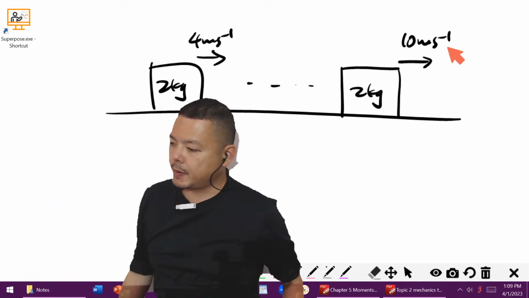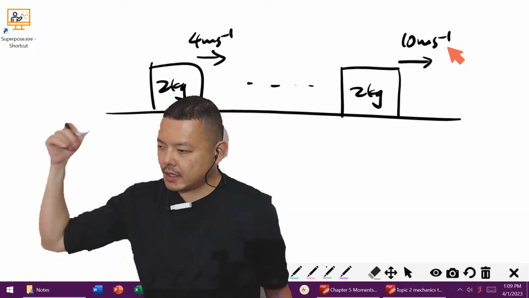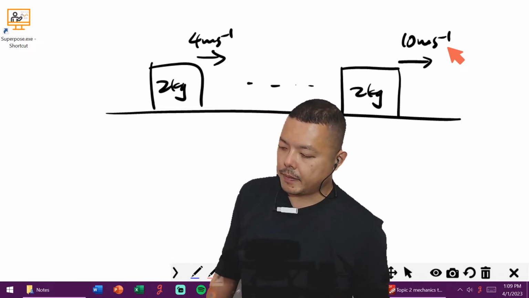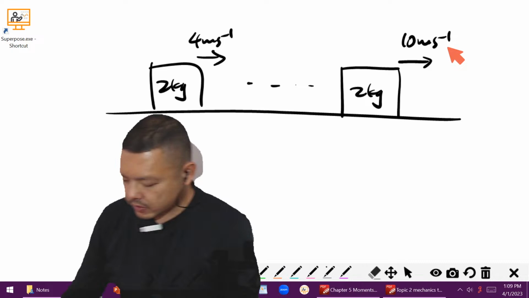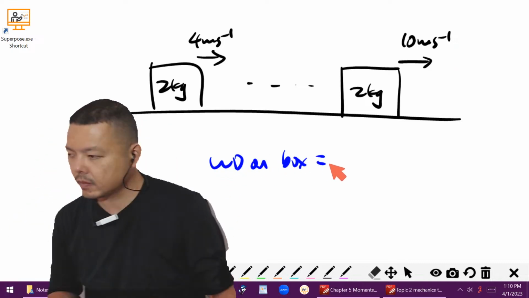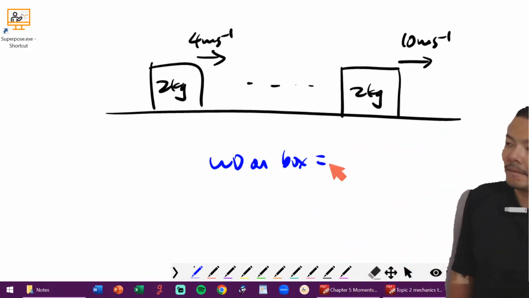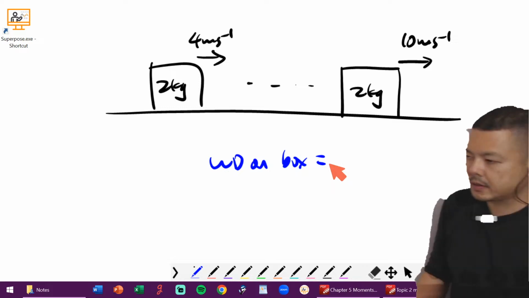The speed of the box initially was 4 meters per second, and then it was 10 meters per second. So now the question is this: what was the work done on the box?